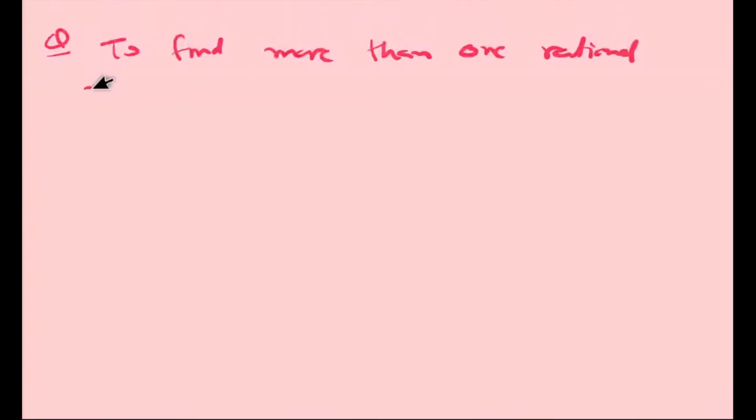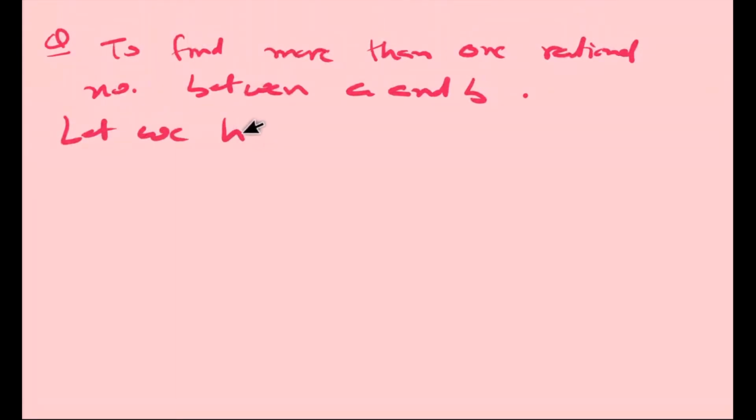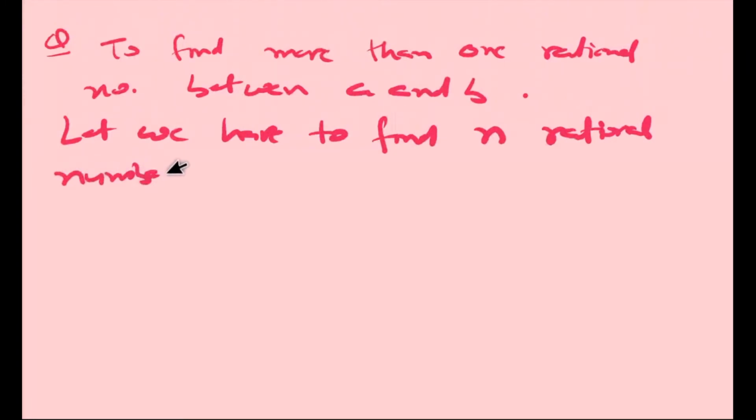Now the question is, if we want to find more than one rational number between a and b, we have to find n rational numbers, n may be 2, 3 and more than 3.